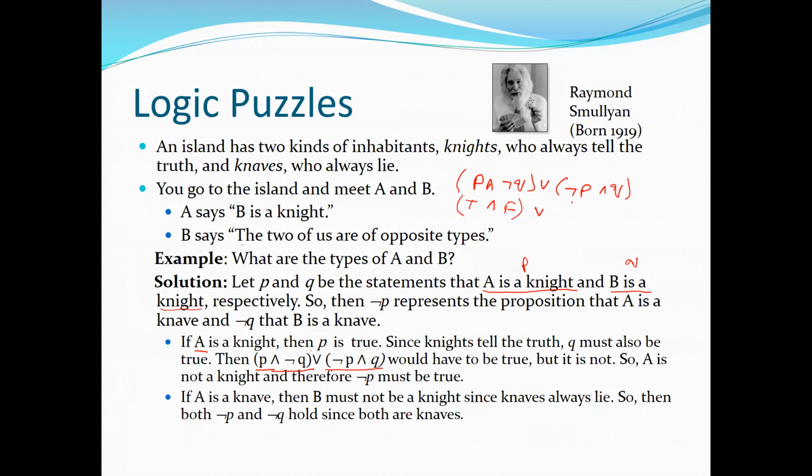Or if P is not true, I mean A is not a knight, then this is false and Q is true, right? So this is false. If you get true or false, the answer is false, or false and true is also false. So the total will result in false.